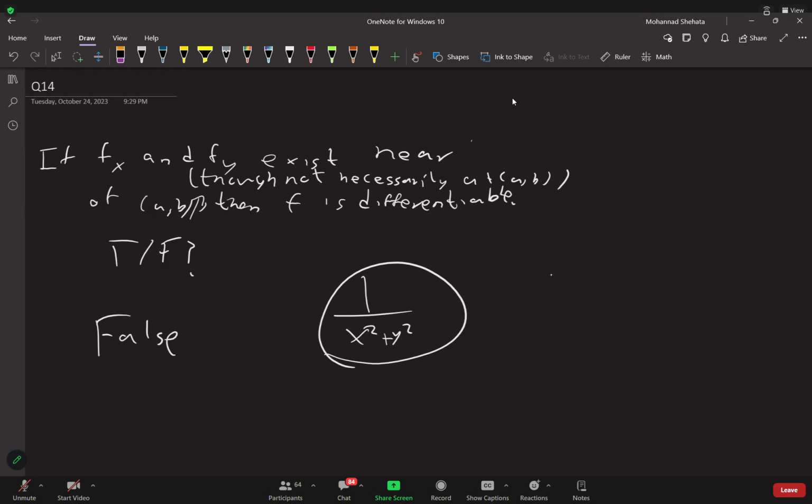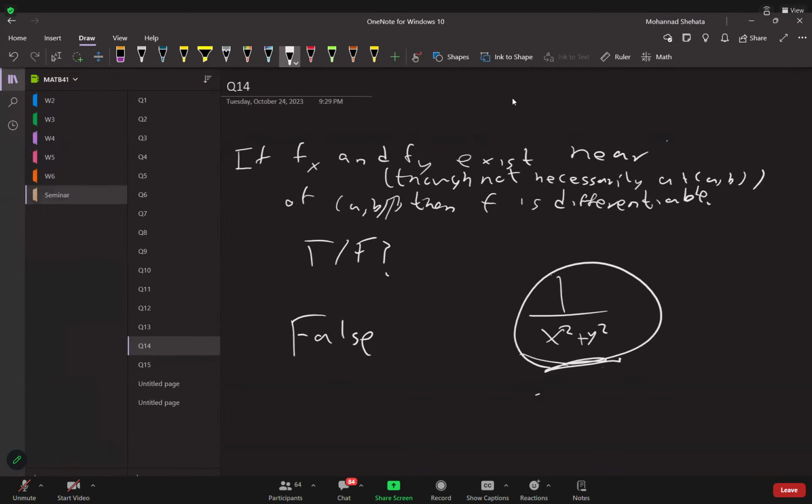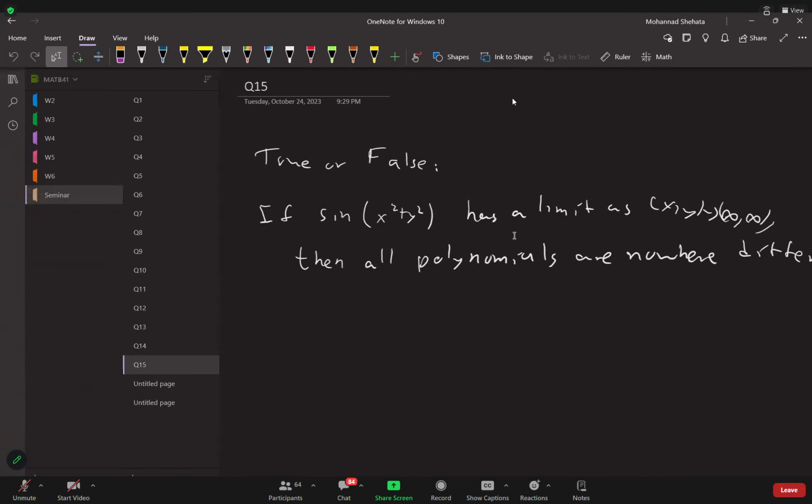But in this case, I'm explicitly saying it doesn't need to be defined at (a, b). It doesn't need to be differentiable. The partials don't have to exist at (a, b). So this would be false because it's not continuous, because it doesn't exist. And by major theorem 1, not continuous implies not differentiable. Does that make sense?